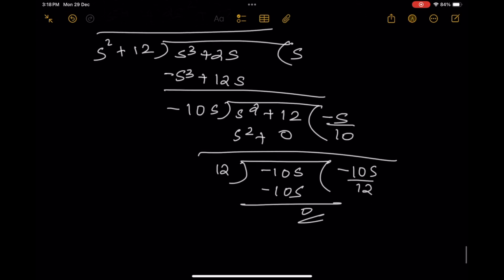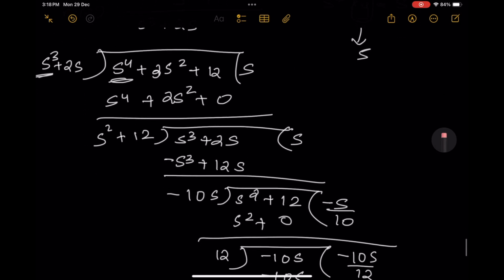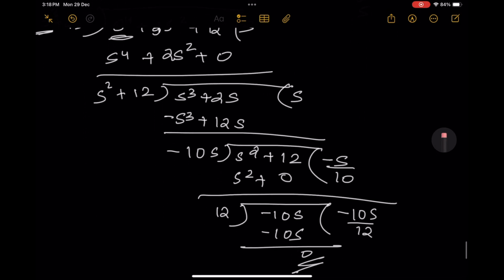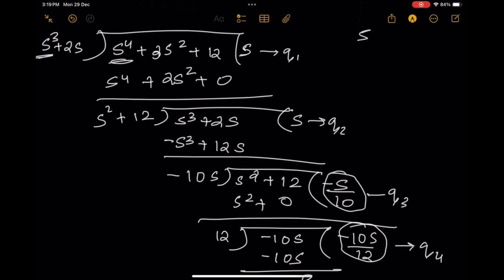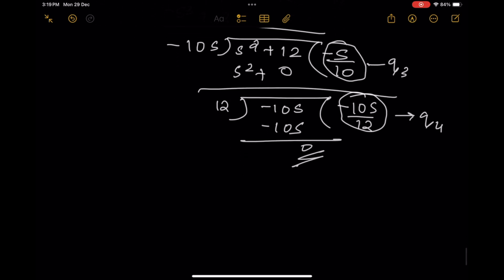Now that I have solved the entire continued fraction, and when you consider the quotients q1, q2, q3 and q4, here there are negative terms in the quotients. It means that the polynomial is not Hurwitz.